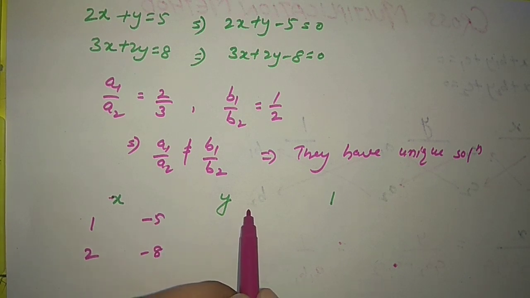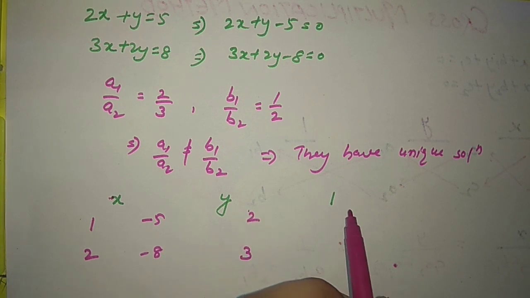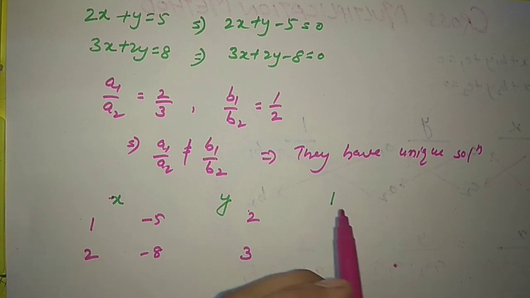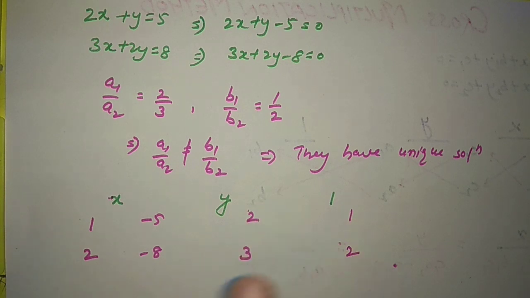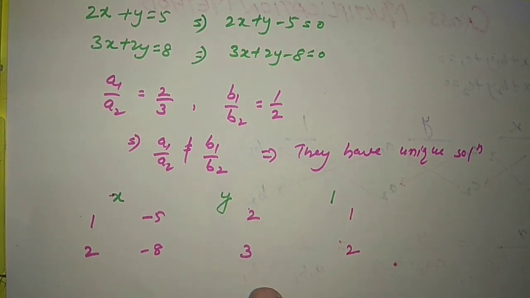Then we have to write a1, a2, that is 2 and 3. Then we have to write again b1, b2. b1 is 1 and b2 is 2. So here we have the same terms b1, b2, b1, b2. Here we have to write c1, c2 and here we have to write a1, a2.